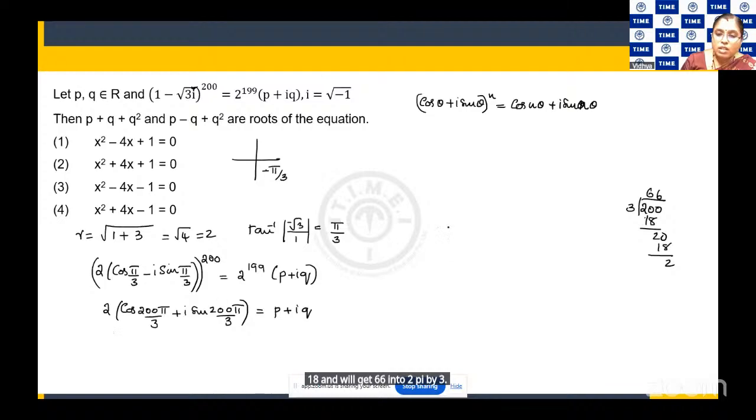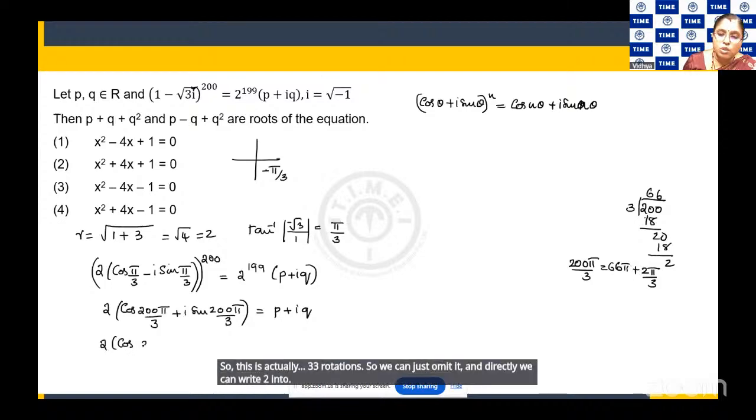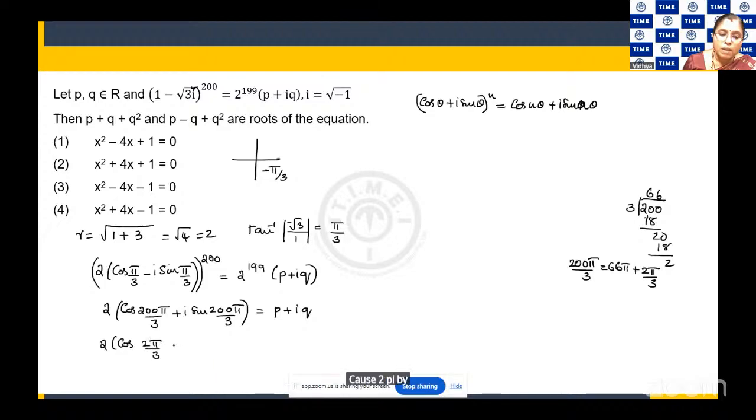So let's write 200 pi by 3 as 66 pi plus 2 pi by 3. This is actually 33 rotations, so we can just omit it and directly write 2 into cos 2 pi by 3 plus i sine 2 pi by 3 equal to p plus iq.